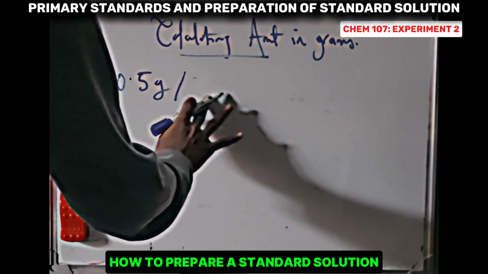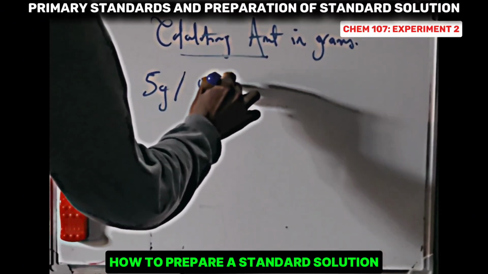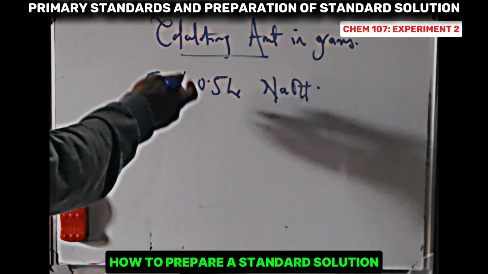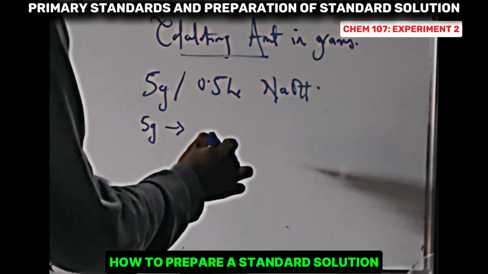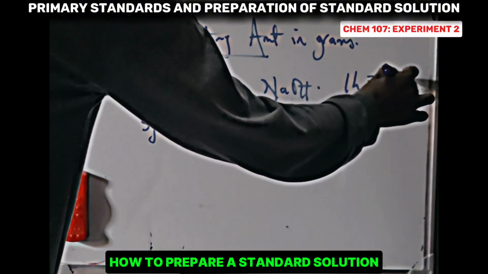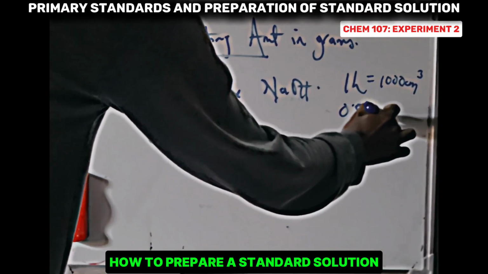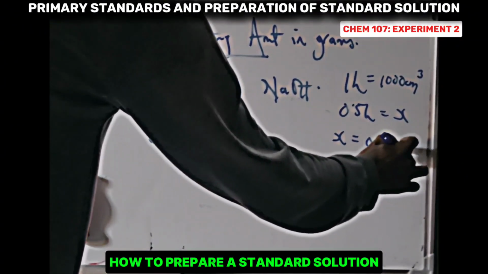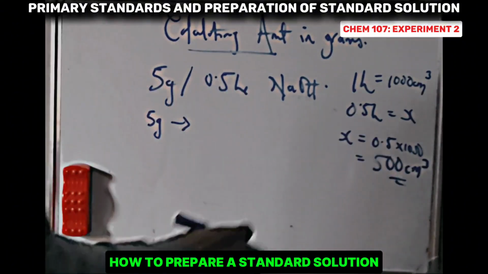It means you're going to dissolve 5 gram in 0.5 liters. 1 liter is 1000 cm cube, so 0.5 liters is 0.5 times 1000, which is 500 cm cube. So how would you prepare 5 gram in 500 cm cube sodium hydroxide?